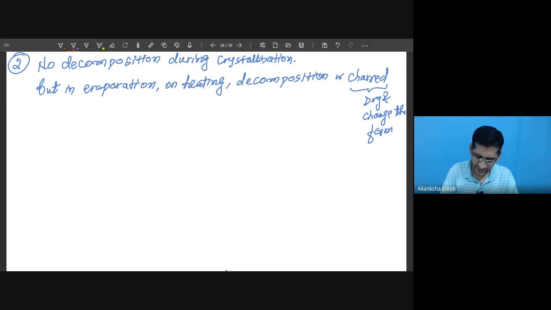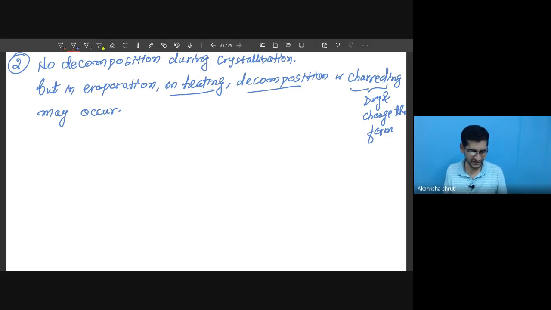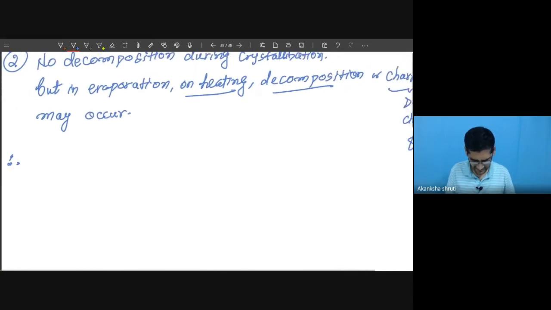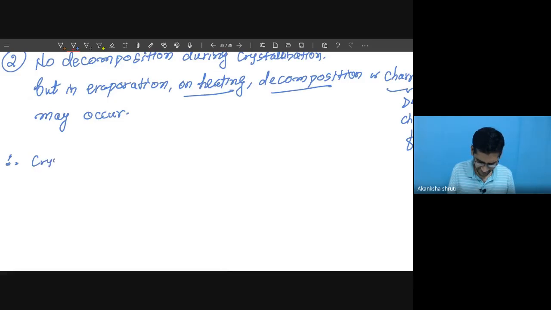So in evaporation, on heating, decomposition or shedding may occur. Therefore crystallization is always preferred because of the above two reasons.